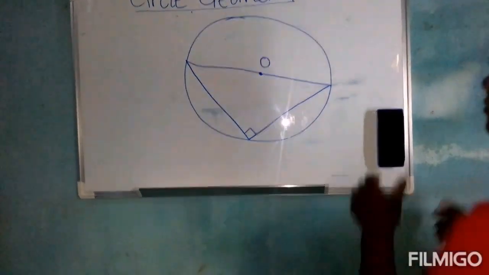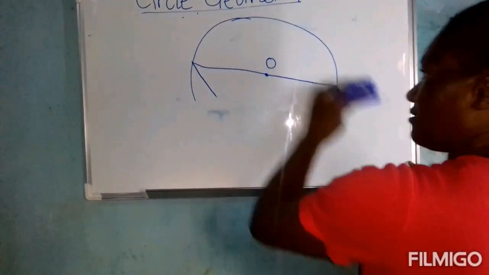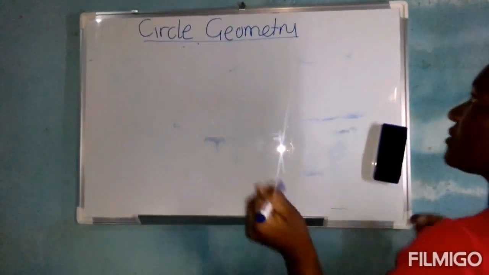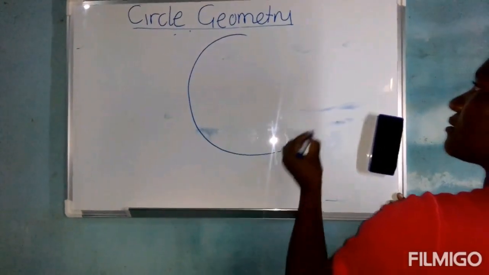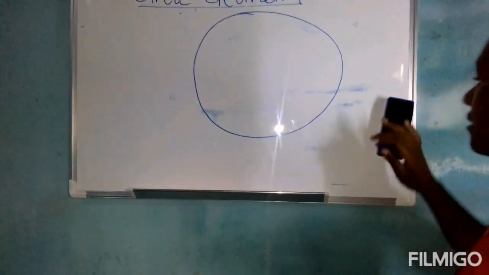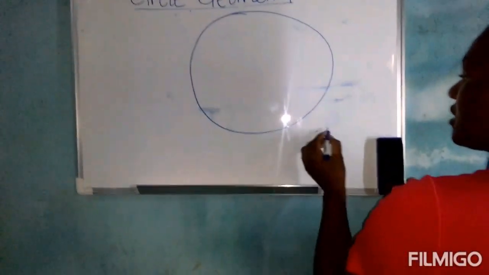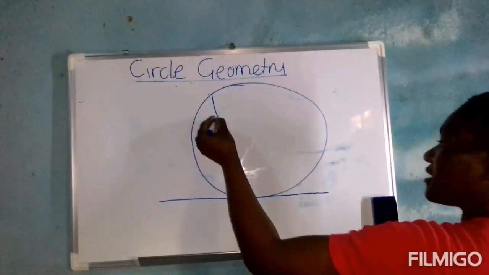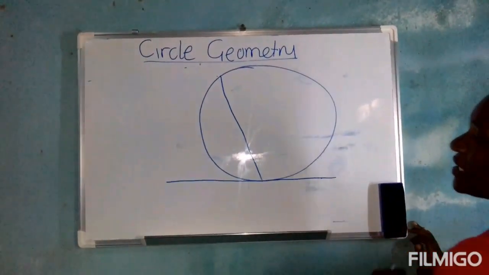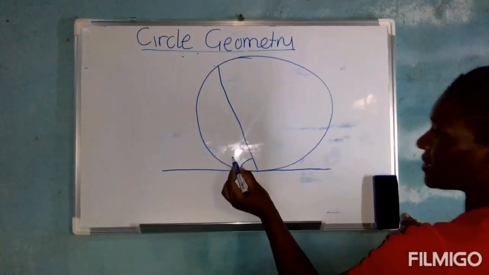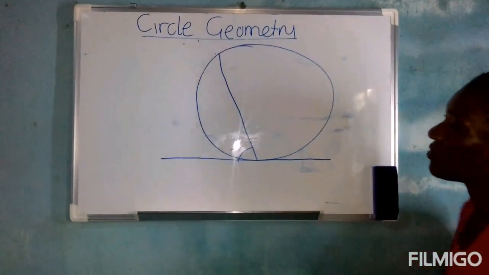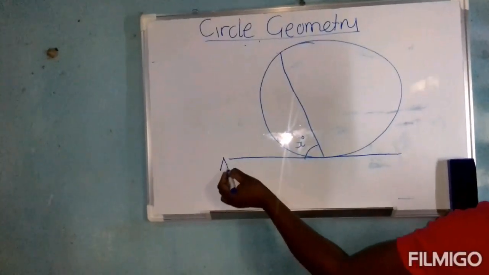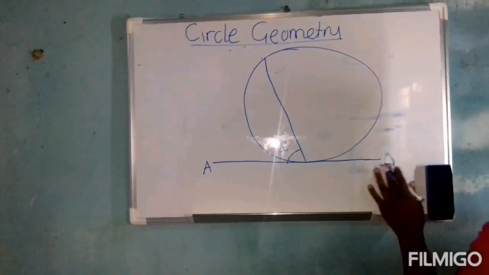Then another theorem. Let's say we have our circle there, and we have a tangent. Then we have a chord, and we have an angle x degrees between our tangent AT.